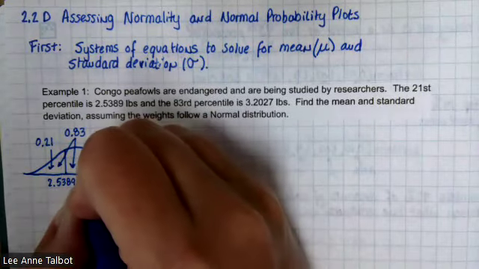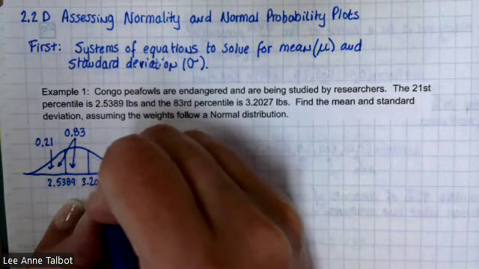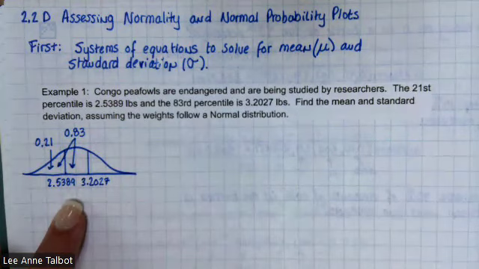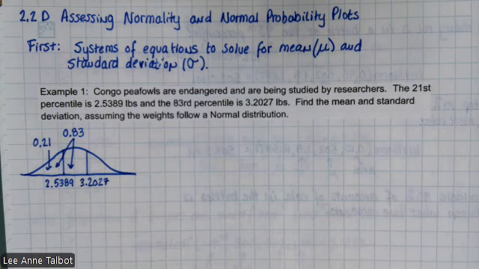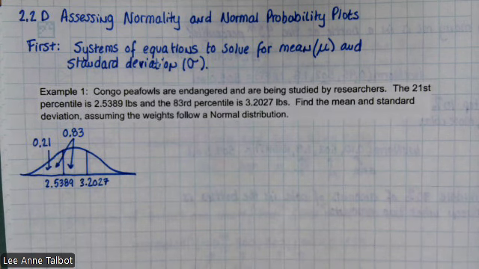And this would be 3.2027 pounds. You probably won't need to draw this picture again for these problems, but I wanted to make sure that you knew what was happening the first time we do it, just so you can figure it out.